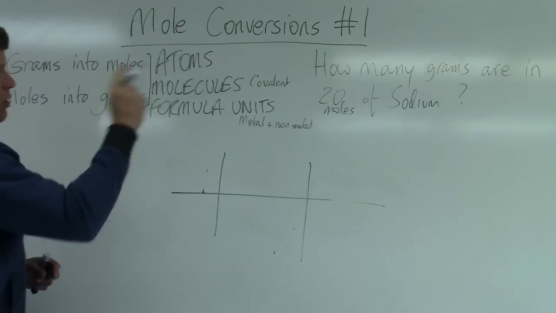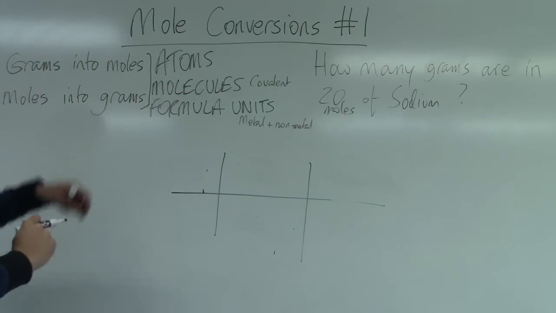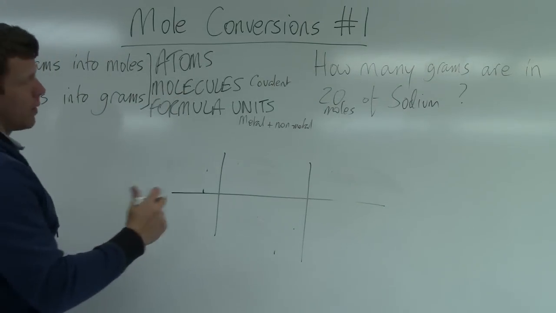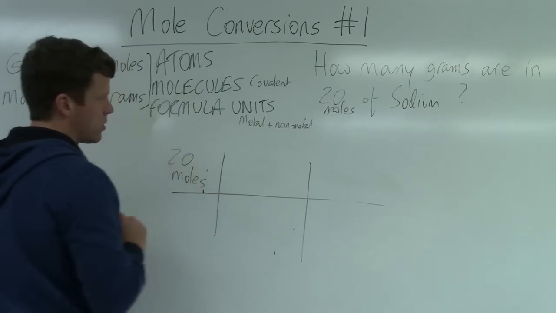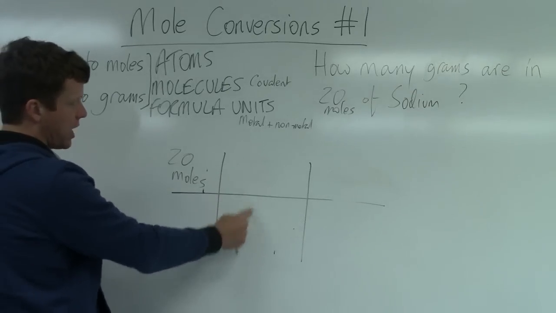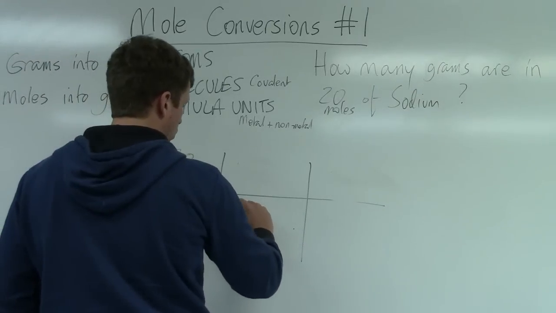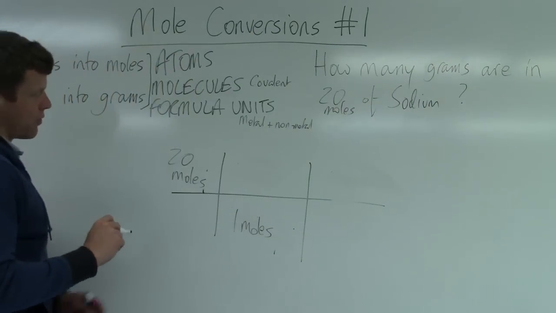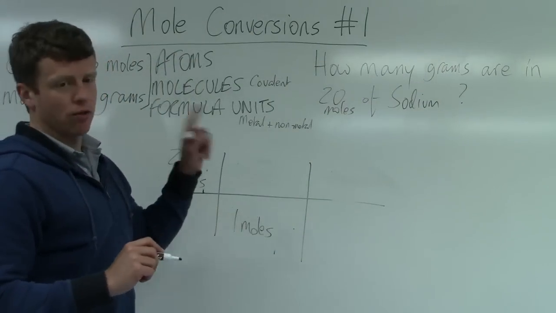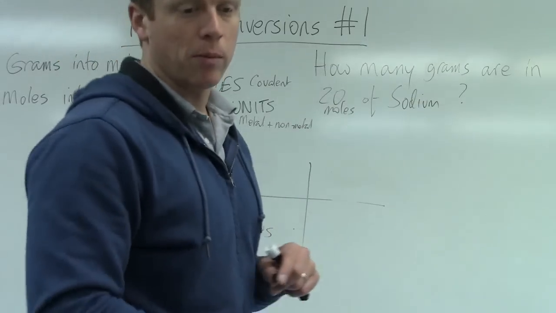So this time we're changing moles into grams. Remember what you've been given goes in the top left corner. We need a conversion here, so we need moles down below. So the conversion of 1 mole of sodium into grams would be its atomic mass, which we'll get from the periodic table.